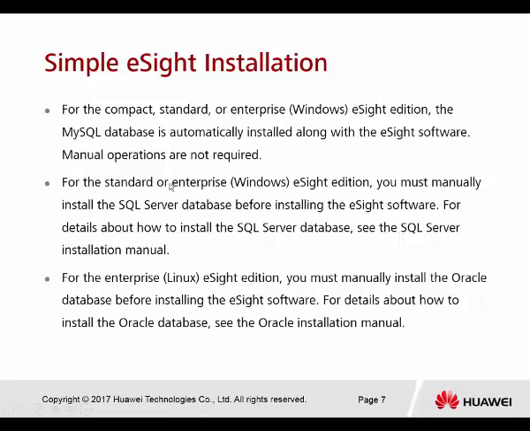For the standard or professional, same as the Windows eSight edition, if it doesn't install by itself, then you must manually install the SQL Server database before installing the eSight software. For details about how to install the SQL Server database, you can just visit the website and the manual guide. They will show you how to do the installation.